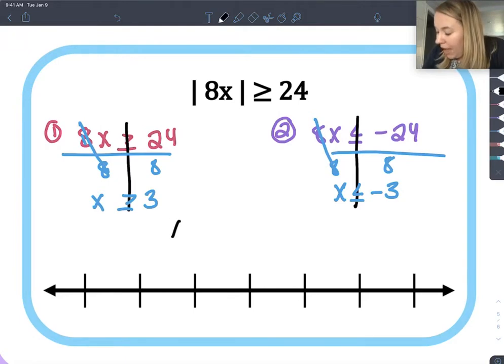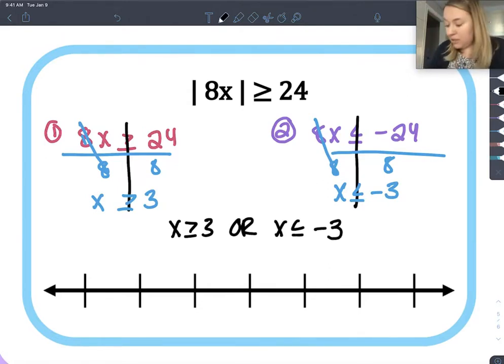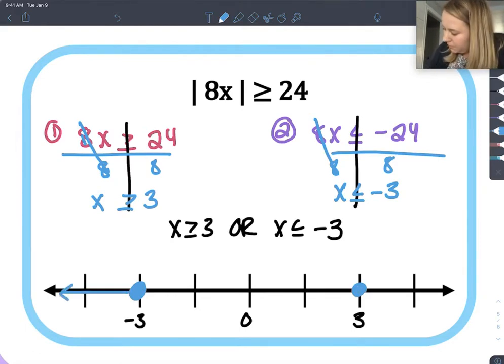So I would put x is greater than or equal to 3, or x is less than or equal to negative 3. And then we can graph these. I'm going to have 0 in the middle, negative 3 on the left, positive 3 on the right. They are both closed circles, and because this is an or statement, my arrows point out away from each other. And there we go. That is our answer for that one.